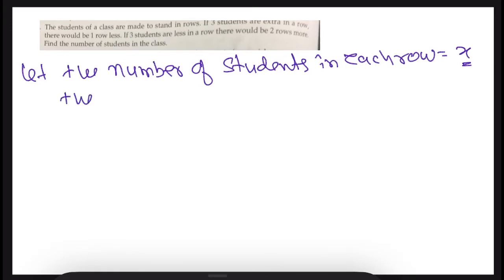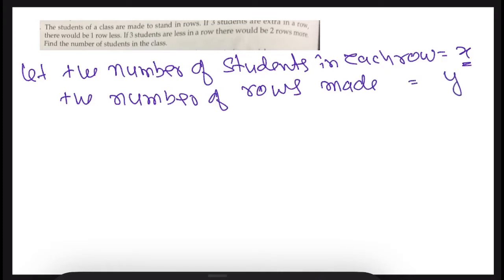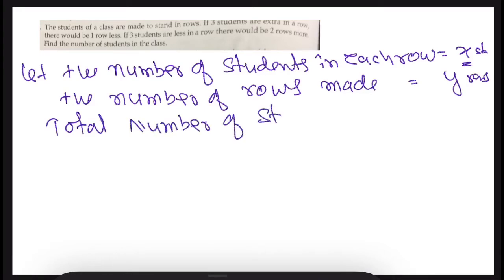The number of rows made equals y rows. Okay, this is rows, and this is the number of students. So the total number of students equals x into y, that is xy. The way 9 into 4 is 36, like that we did xy.